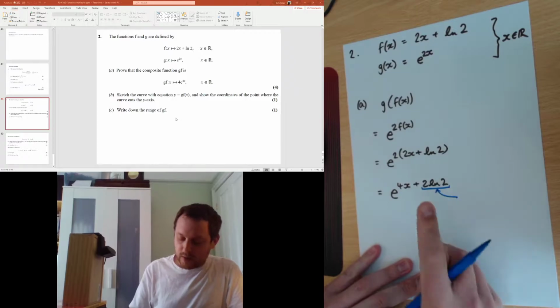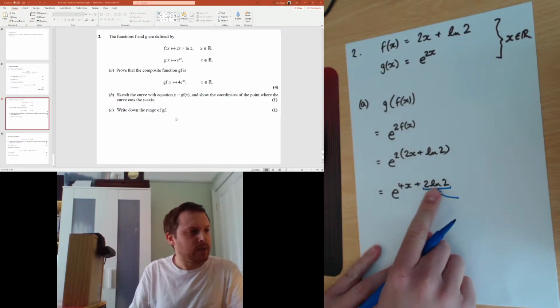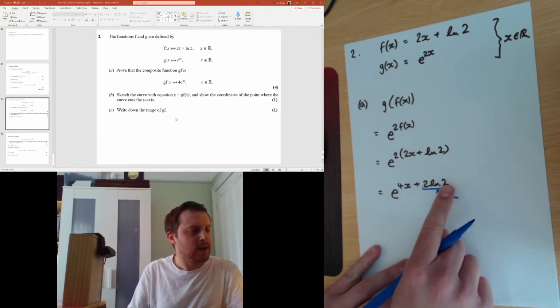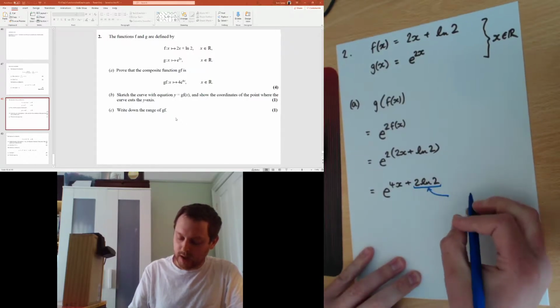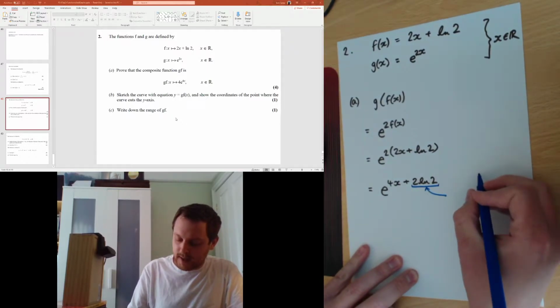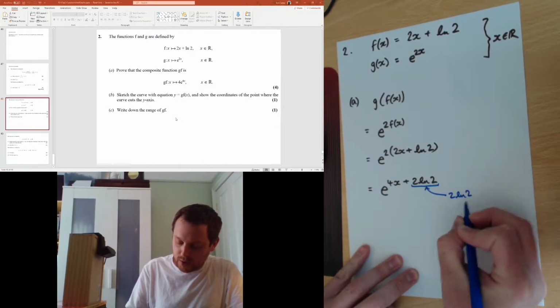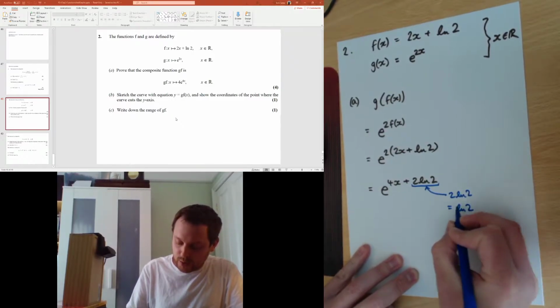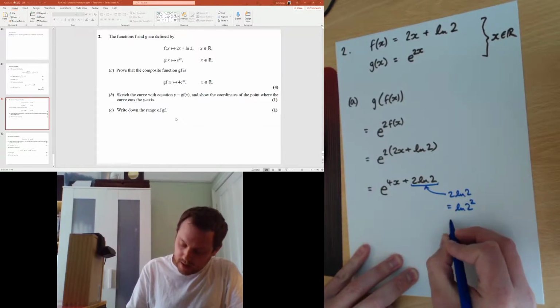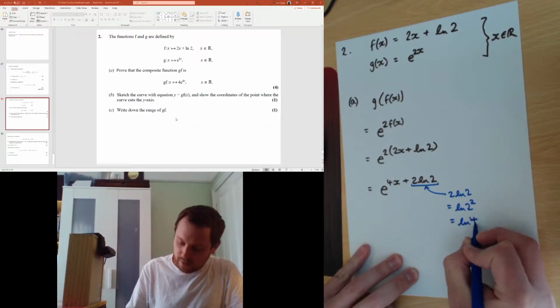Okay, so when you've got a number on the outside of a log, it can come into the log as the power. So 2 log 2 is the same as log of 2 squared, which is obviously log 4.